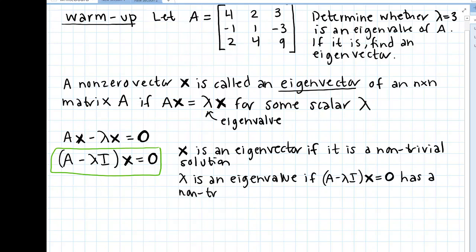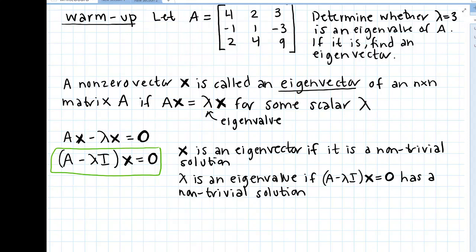So you're just trying to figure out whether it has a non-trivial solution when I do A minus lambda times the identity times x equal to 0, and whatever those solutions are that you find, those are the eigenvectors.